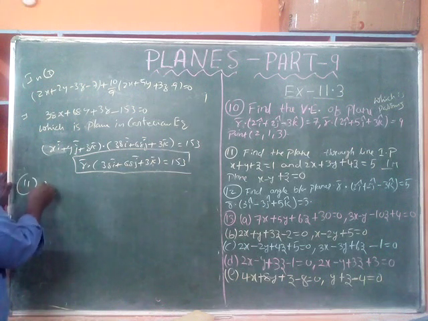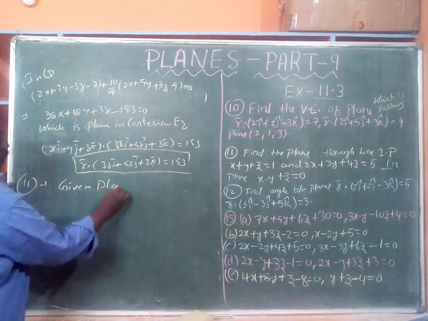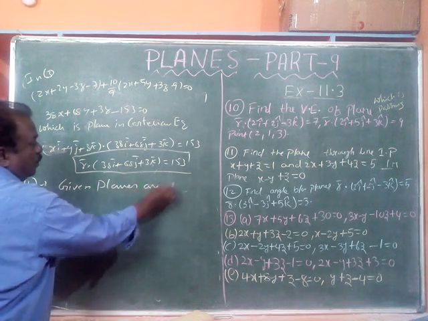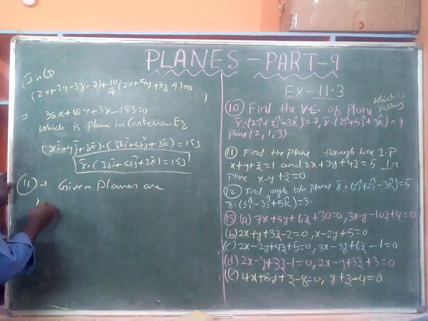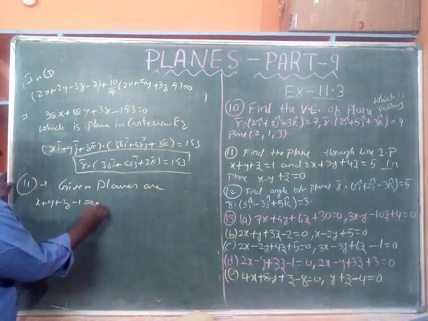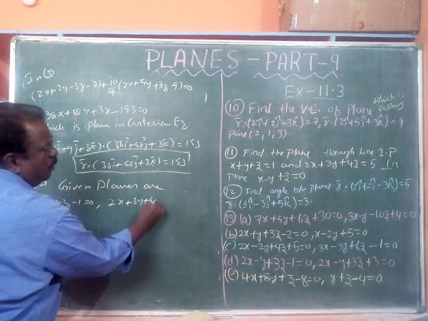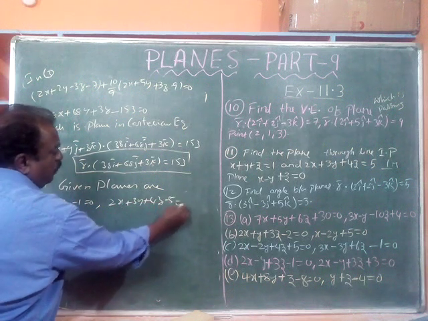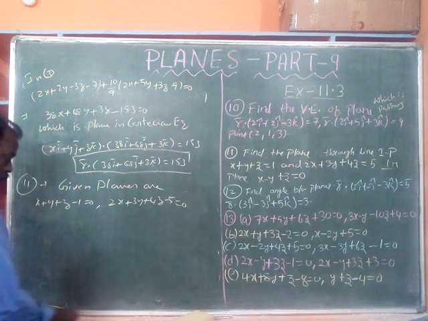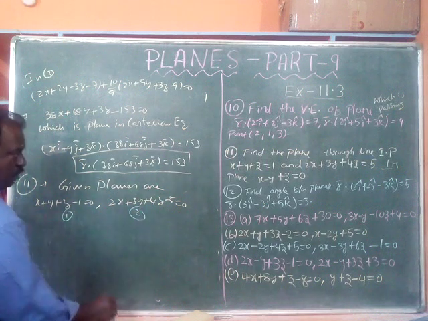The 11th one. The given planes are x plus y plus z minus 1 is equal to 0, and 2x plus 3y plus 4z minus 5 is equal to 0. So it is plane 1 and plane 2.